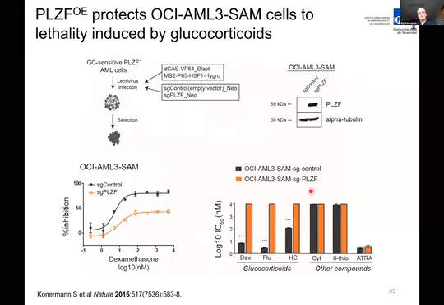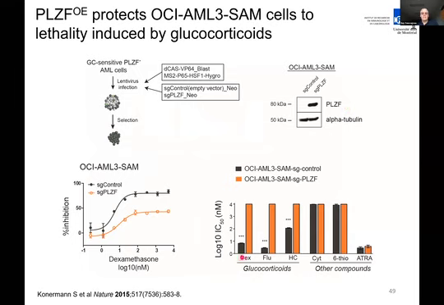Now, we used this famous transactivation dCas9 approach to endogenously reactivate PLZF in AML3 sensitive cells. This is the Western blot showing the SG control and the SG PLZF endogenously overexpressed.